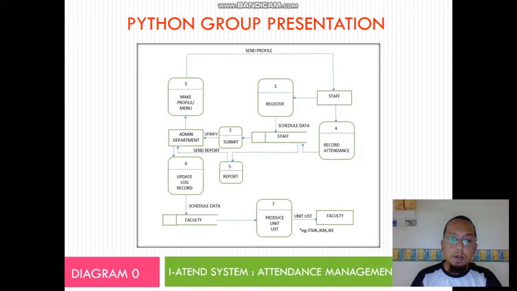When the verification is done, admin goes to step 3, make a profile or menu for the staff to use. So, for step 4, my friend will continue later.